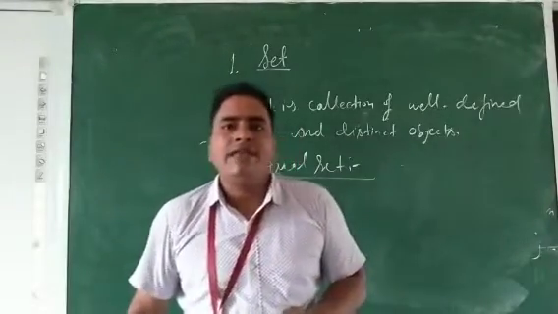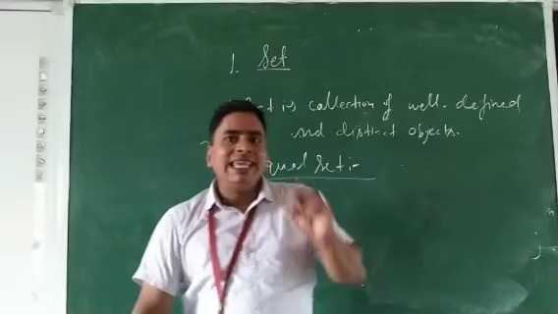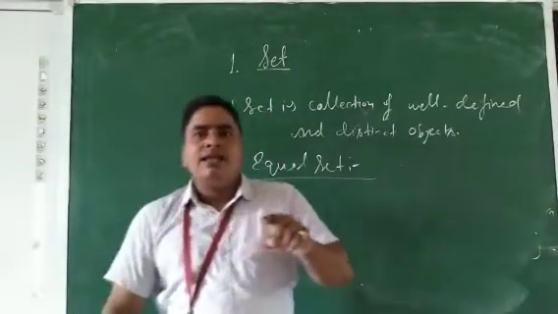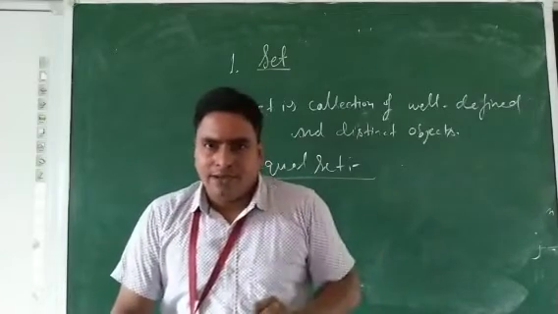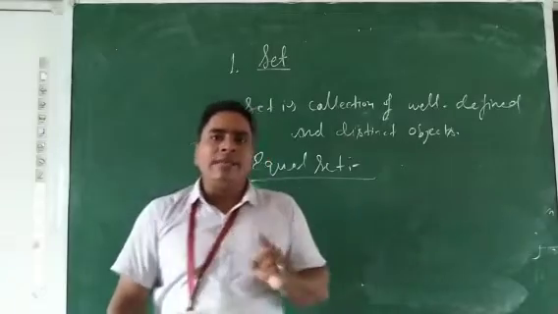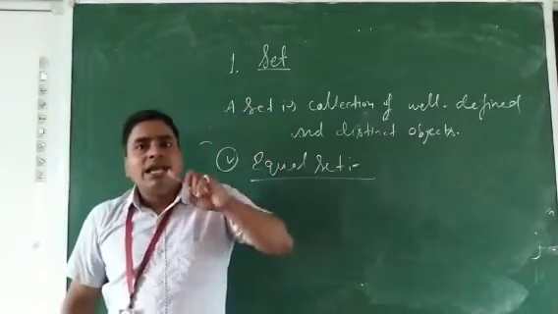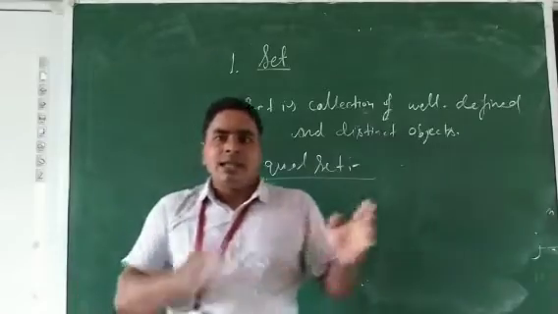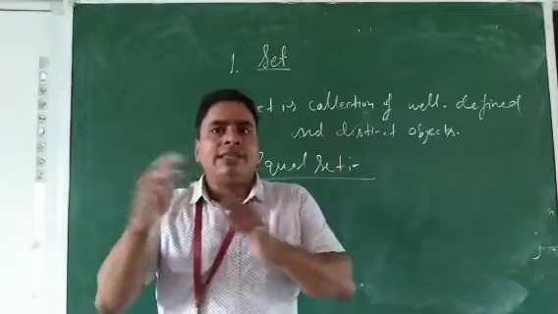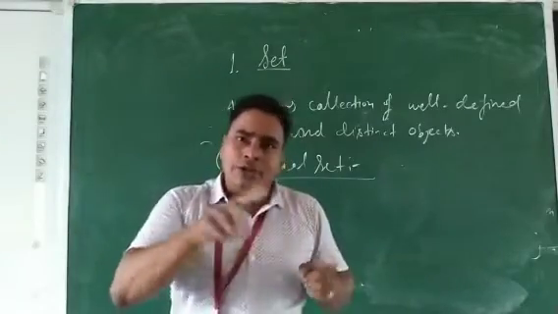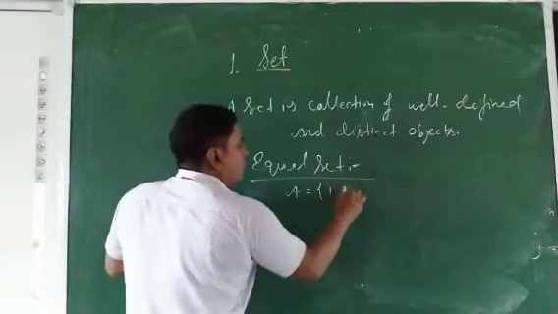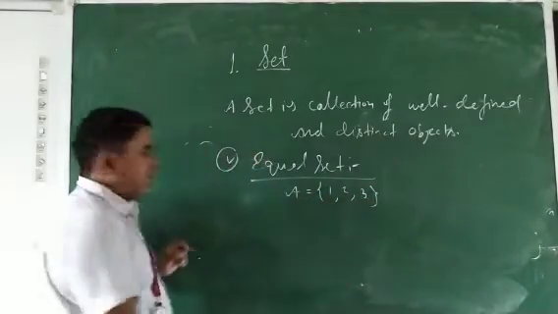When two sets are having the same number of elements and each element of set A is the same as each element of set B. Means two sets are said to be equal if they are having the same number of elements and also equal elements. Equal means if one set has elements 1, 2, 3, then the other set also has the same elements, 1, 2, 3.